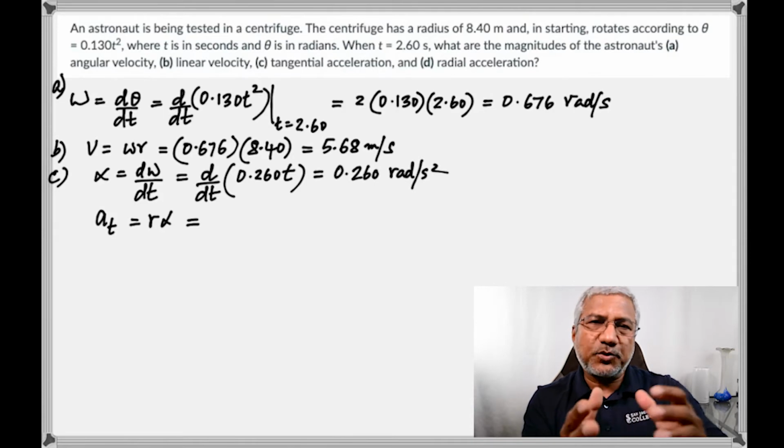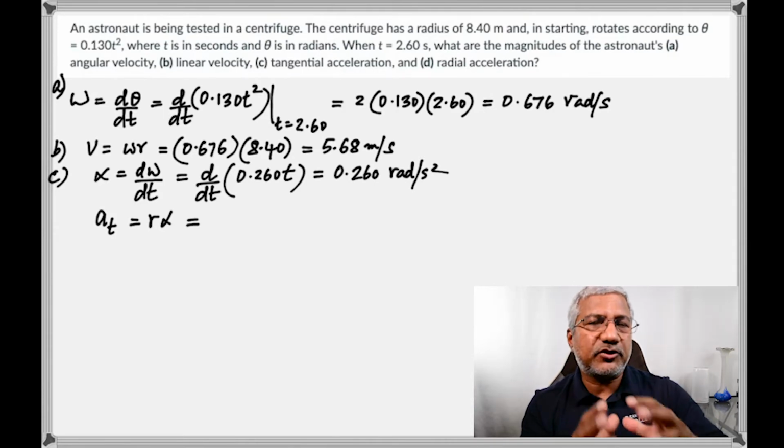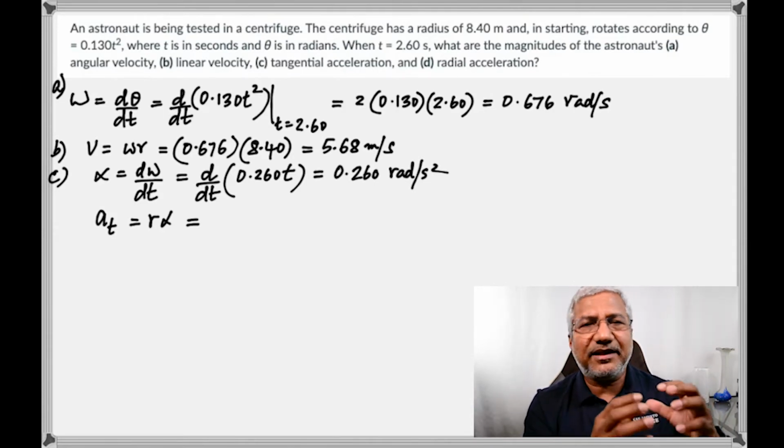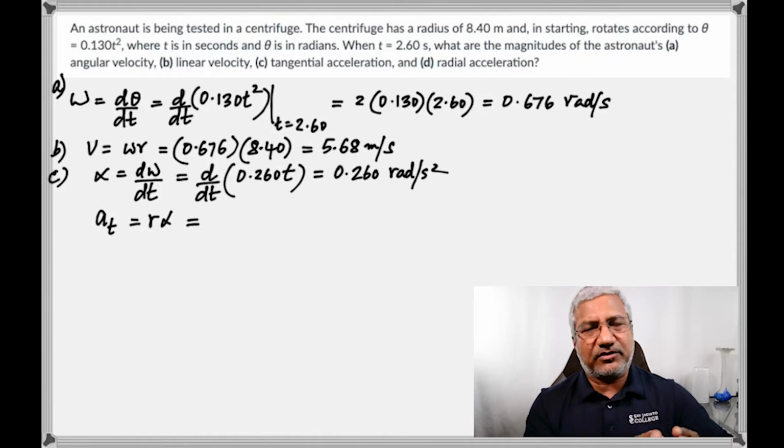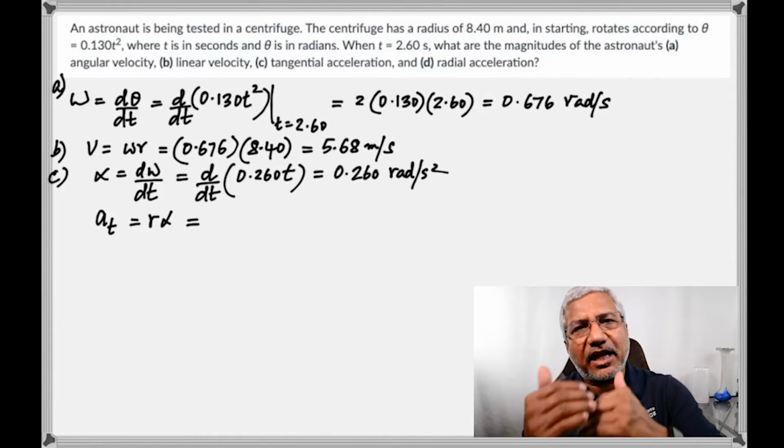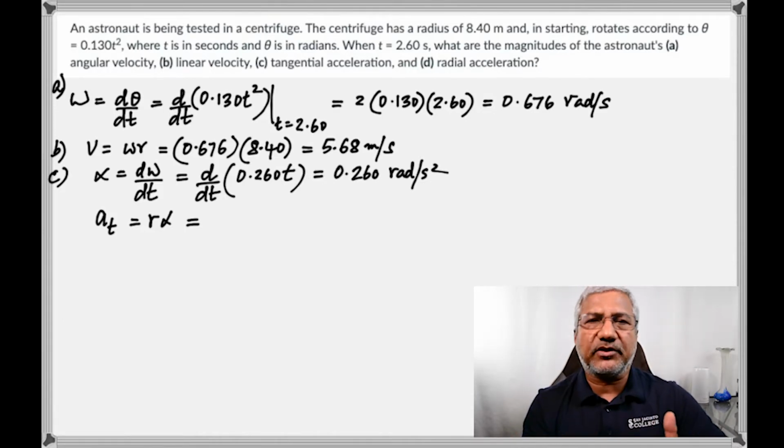And once we get alpha, which is the angular acceleration, I'm sorry about that, alpha is the angular acceleration. Once we get alpha, we can find the tangential acceleration by multiplying it with the radius.